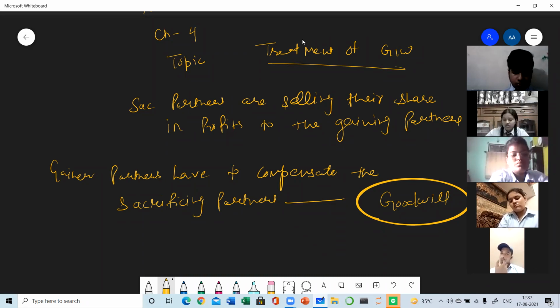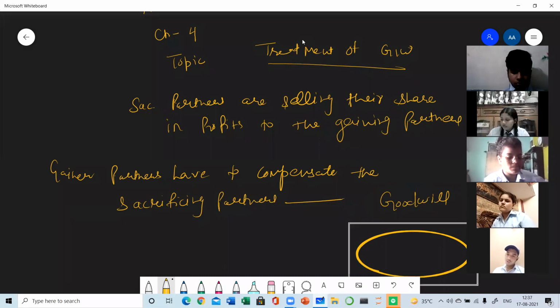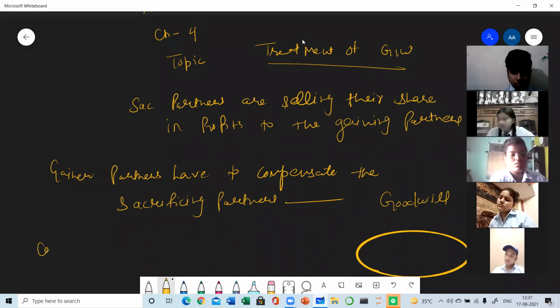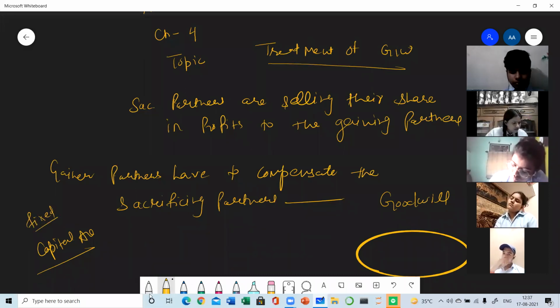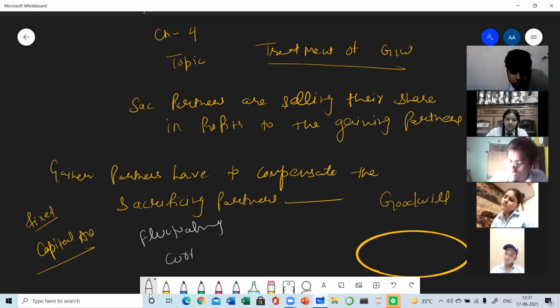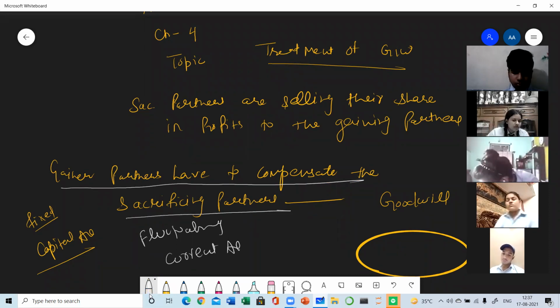Now, what entry will be passed? As we know, if any treatment is done partner to partner, it is done through their capital accounts. If the capitals are fixed, the journal entry will be passed through the current account. If the capitals are fluctuating, the entry remains the same, but it is passed through the capital account. The gainer partner must pay an amount equal to goodwill to the sacrificing partner.